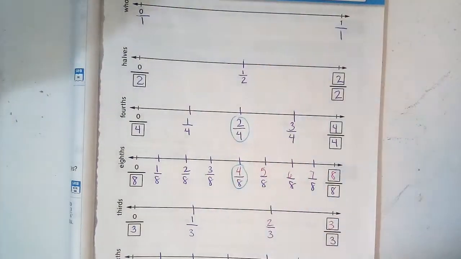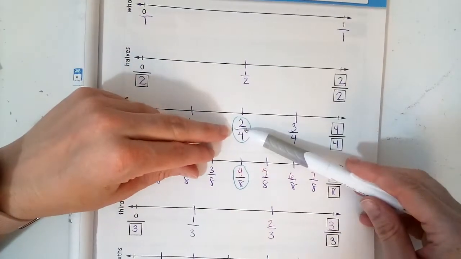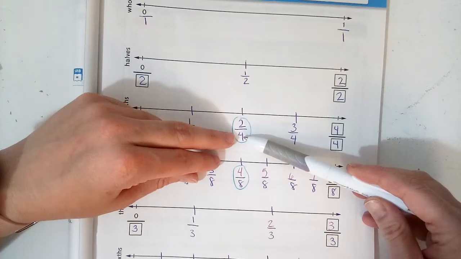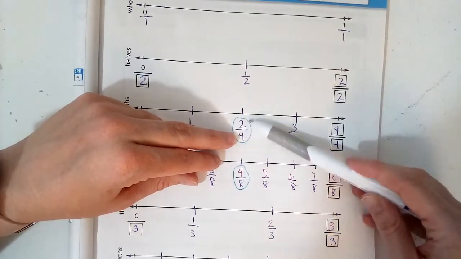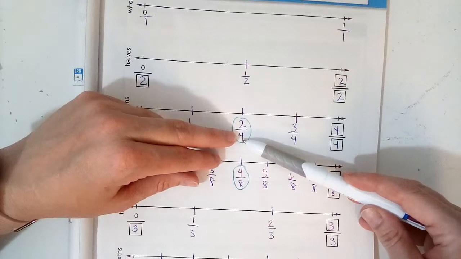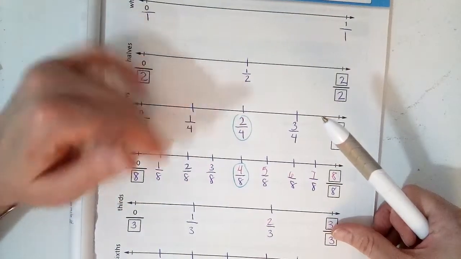Right there. Shows the same thing. 4/8, 3/6. And we've talked about this before. Whenever the top number is half of the bottom number, that makes 1/2. So if I double the top number and get the bottom number, you know you have 1/2. Like 50/100ths, 25/50ths.